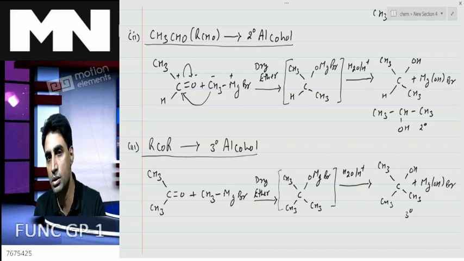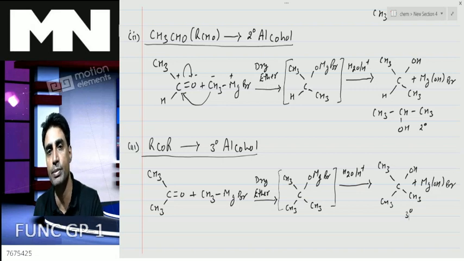By now we have done preparation of alcohols from halogen derivatives and preparation of alcohols from aldehyde and ketones. In that we have seen that reduction of aldehyde and ketone gives us primary and secondary alcohols, whereas the reaction of aldehyde and ketones with Grignard's reagent gives us primary, secondary and tertiary alcohol.